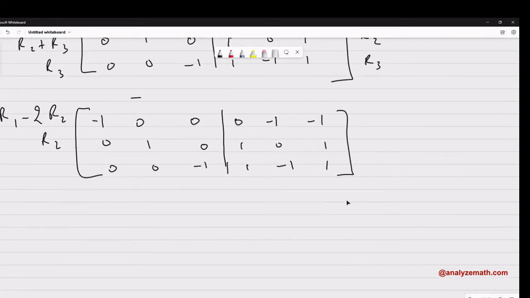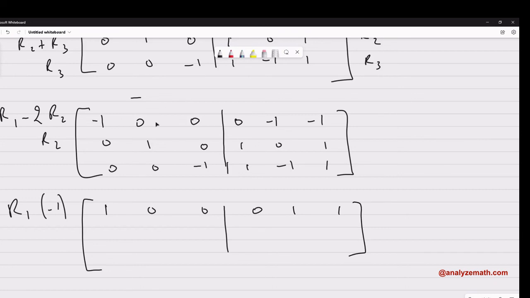One last thing and then we are finished. We need the 1 here and the 1 here. This is very simple. We just multiply row 1 by -1 and row 3 by -1. So row 1 multiplied by -1 gives 1, 0, 0, 0 1 1.